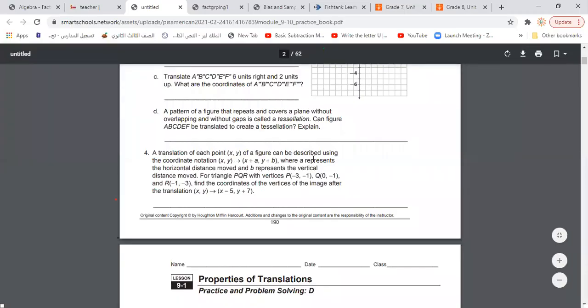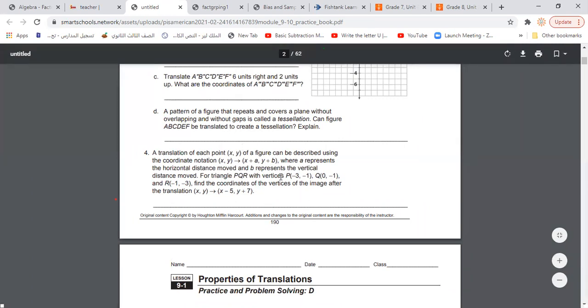And question number 4. This is which type of transformation? Translation, for sure. Because he gave us X and Y to be X plus A and Y plus B. Then the horizontal distance moved to the vertical distance moved for the triangle BQR with the vertices B, Q and R, and he gave us the rule X minus 5 and Y plus 7.